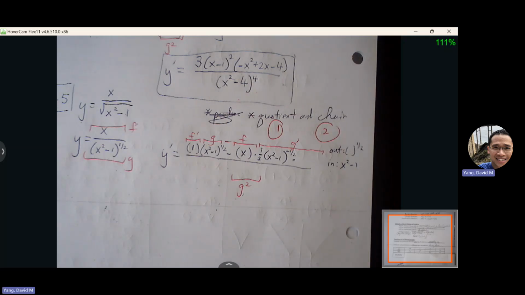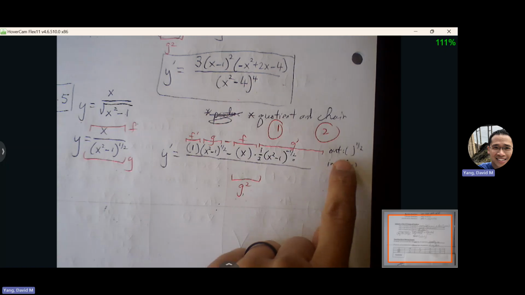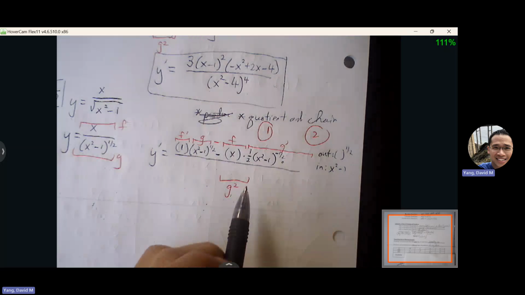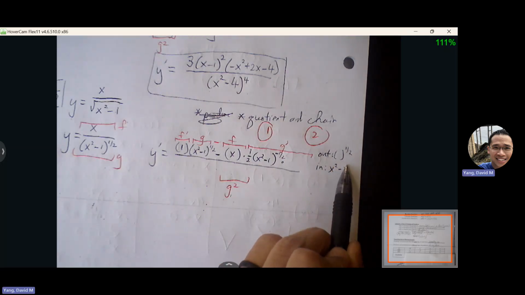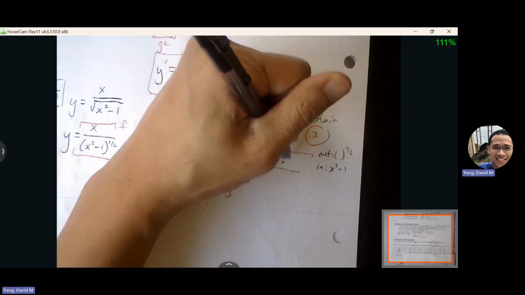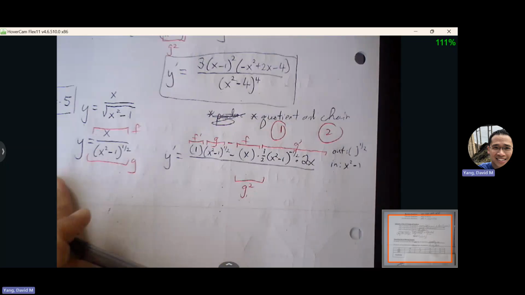That's just doing our power rule. Yes, we are doing power rule for this component, but it's chain rule because we're splitting it up and doing outside and inside separately. Times, what's the inside derivative? 2x. Now we're done with G prime. That's what G prime looks like.